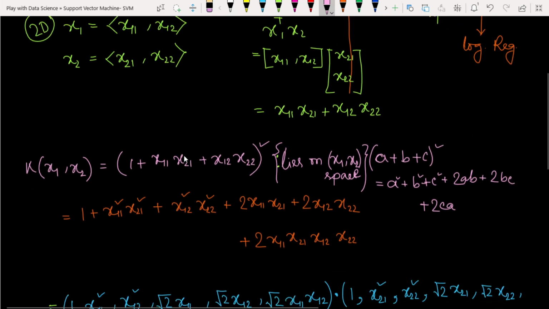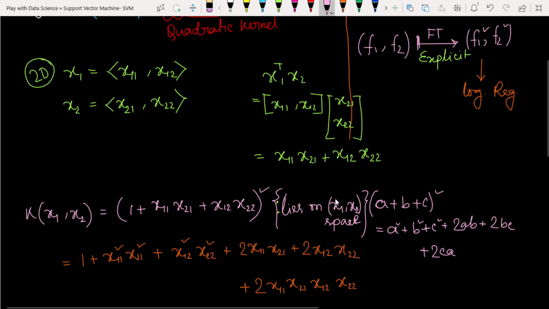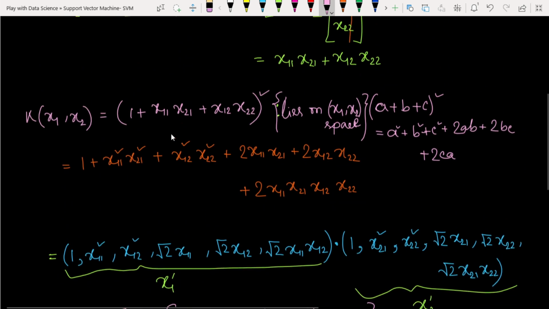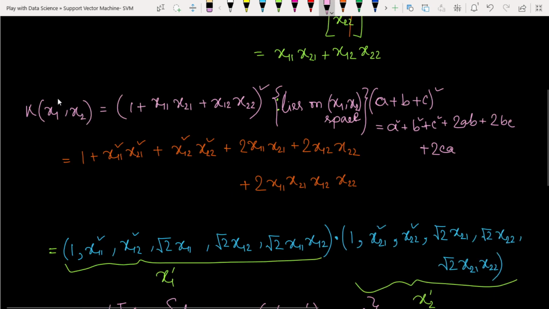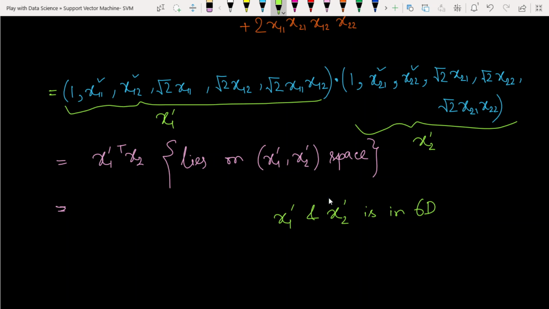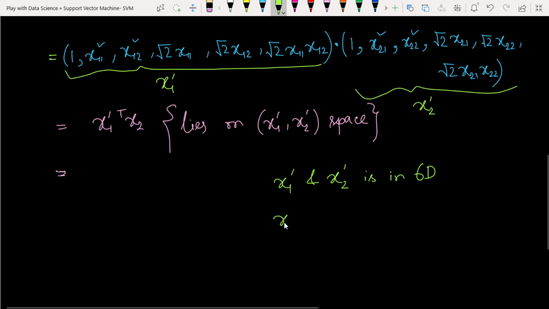Okay, I think you all understand how we convert our x1 x2 space to our x1 dash x2 dash space. If you visualize these dimensions, this one is 2D, but our x1 dash and x2 dash are in a d-dimensional space.